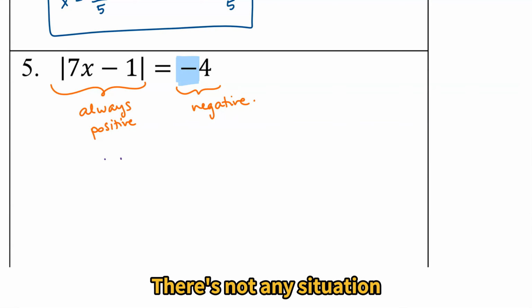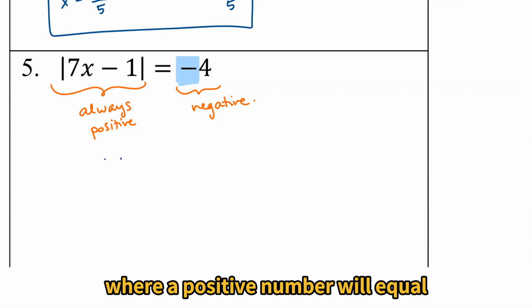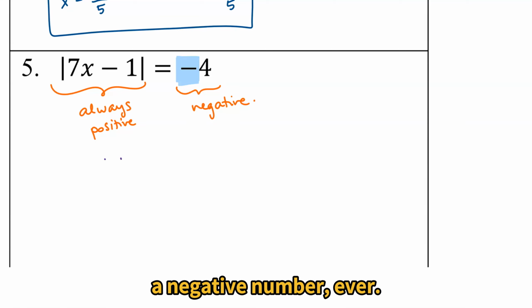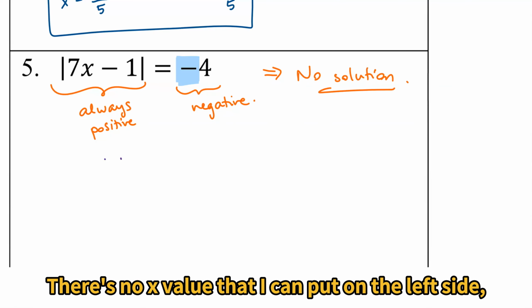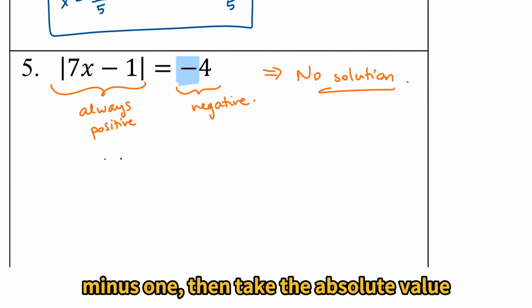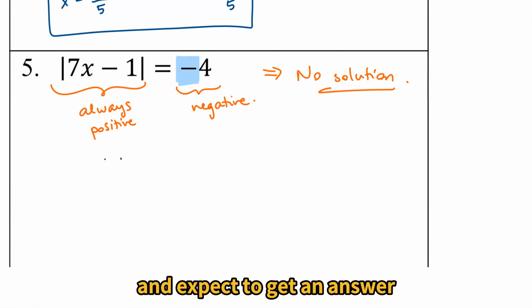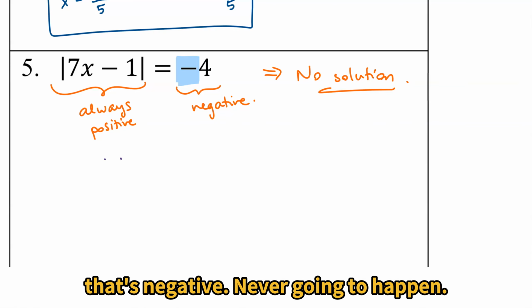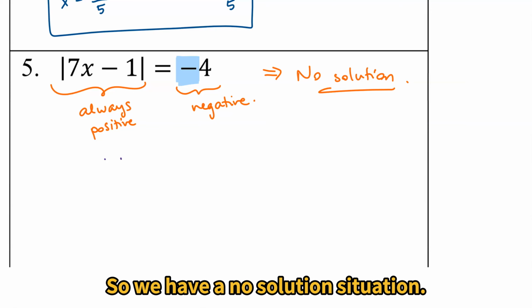There's not any situation where a positive number will equal a negative number, ever. This has no solution. There's no x value that I can put on the left side, use all of those operations, 7 times that number minus 1, then take the absolute value and expect to get an answer that's negative. Never going to happen. So we have a no solution situation.